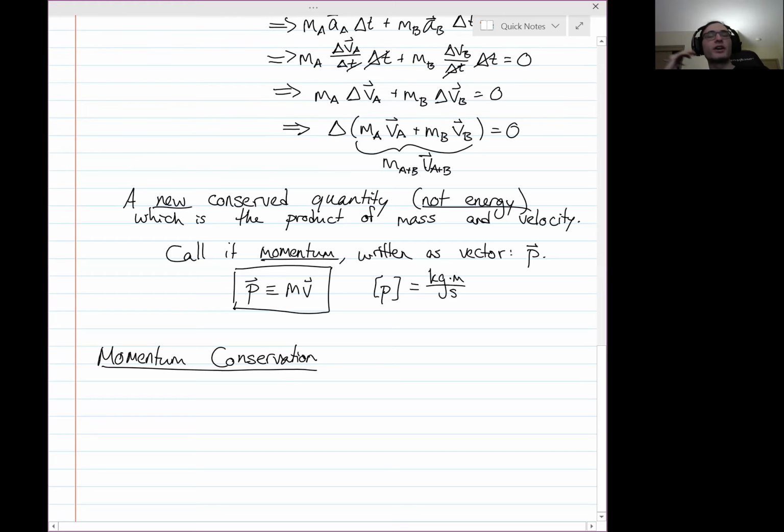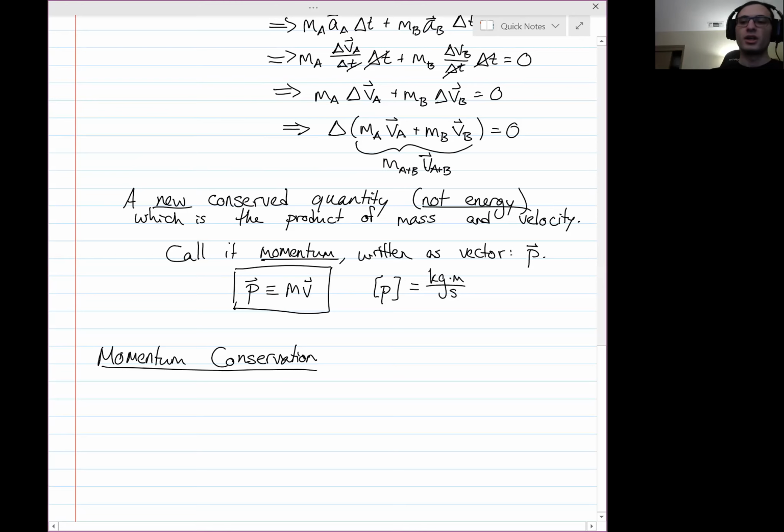Just like with energy, you didn't have to know what was happening between the initial and final conditions. With momentum conservation, you can still solve problems without knowing what happens in between. But by having momentum conservation, we now have a broader set of problems that we can solve, rather than just the ones that we could have solved with energy conservation.